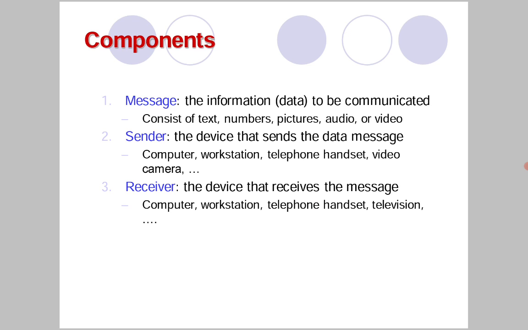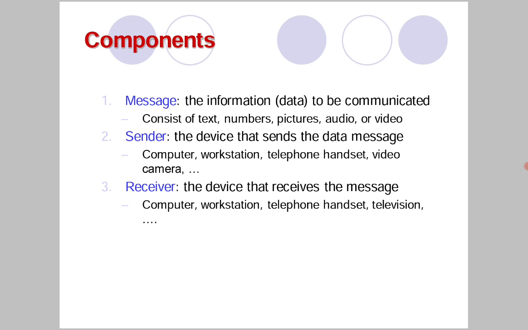The device that sends the data message is called the sender station. It is a computer or PC that sends the data or information over the network. Generally senders are any computer or workstation, telephone handsets, video cameras, PCs, devices like mobiles. All these are senders.